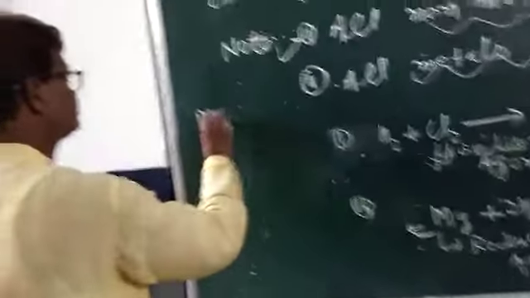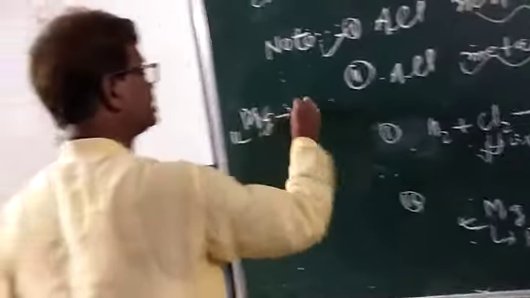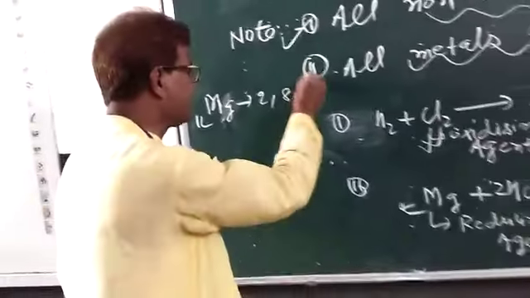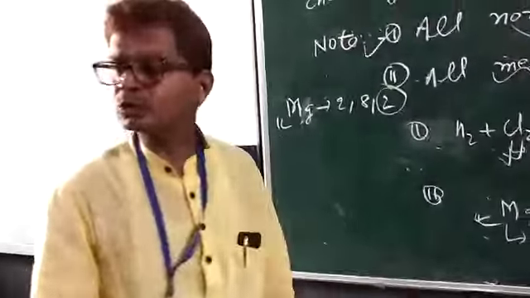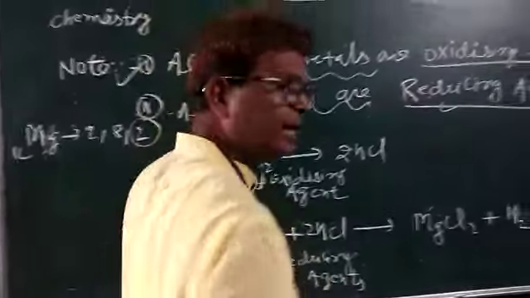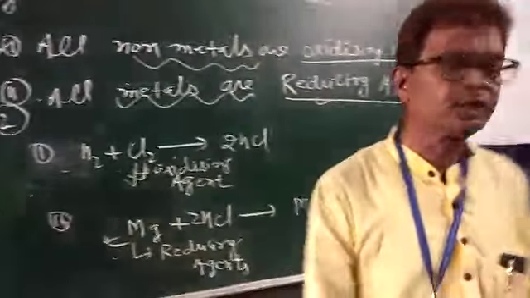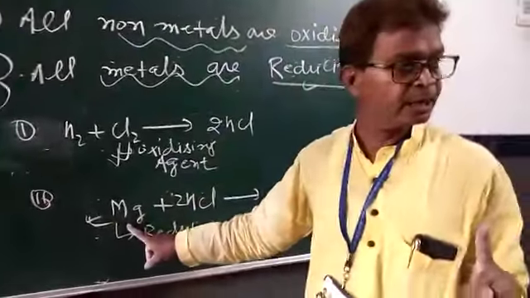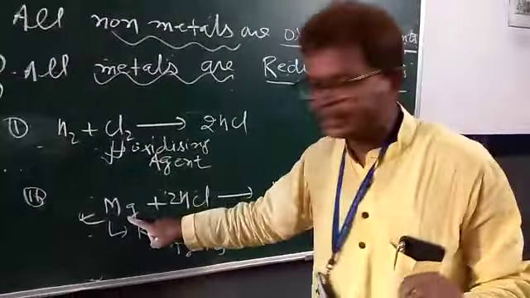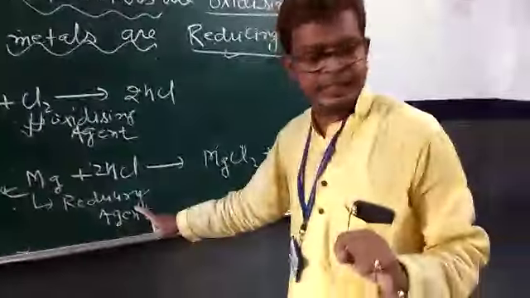Because as you know, magnesium has atomic number 12, its electronic configuration will be 2, 8, 2. So it has 2 electrons in the outermost orbit. So it is a metal. And all metals are reducing agents. So it is clear that magnesium is a reducing agent.